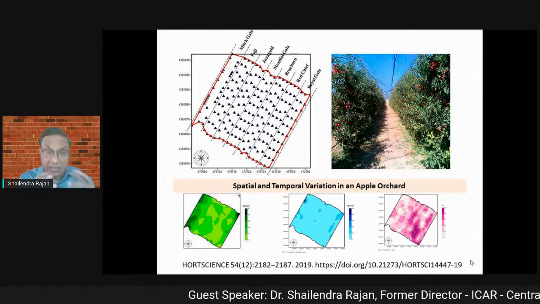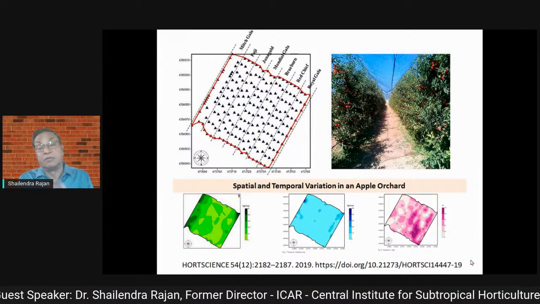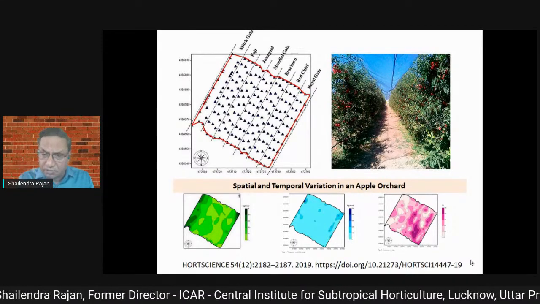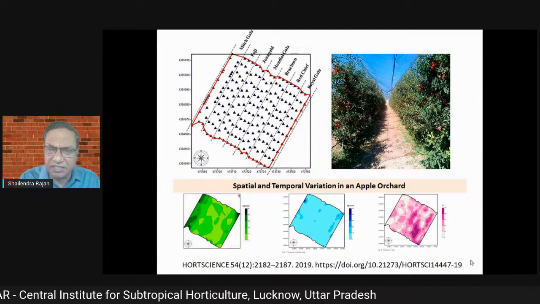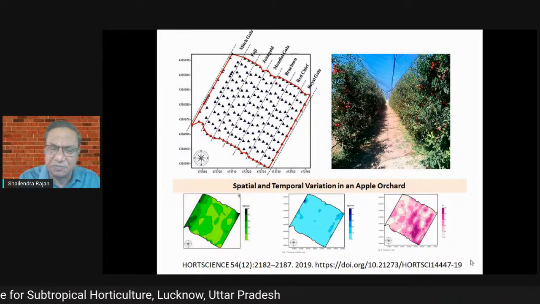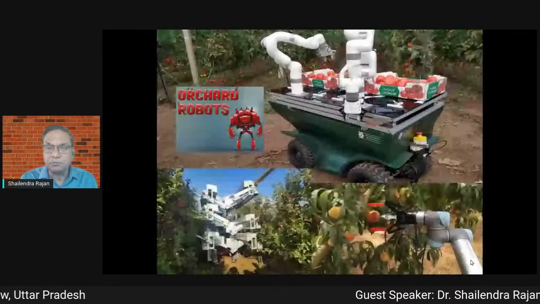The spatial analysis techniques might not require a lot of inputs, but these techniques can be particularly utilized for the input application as well as harvesting of the trees, or the replacement or removal or management of any of the package of practices.